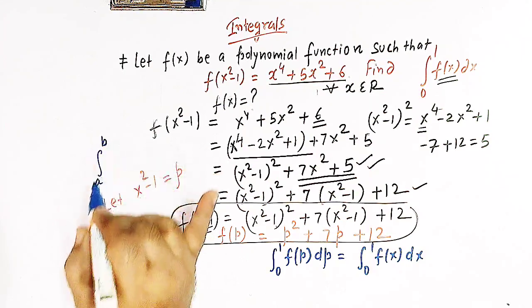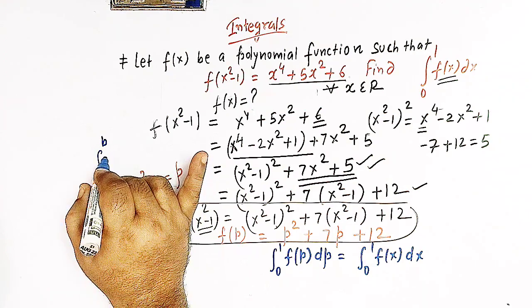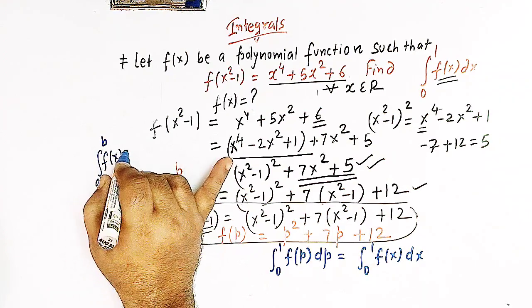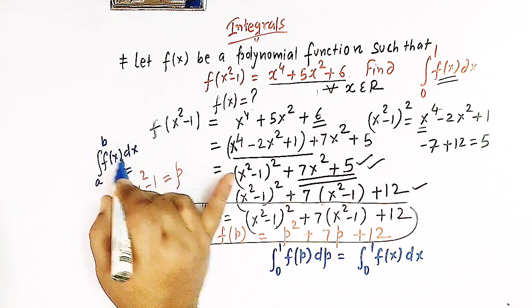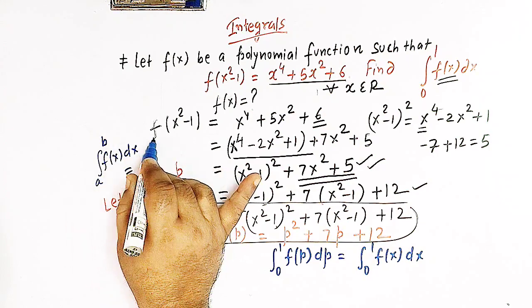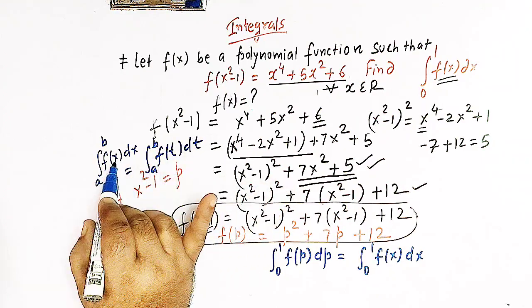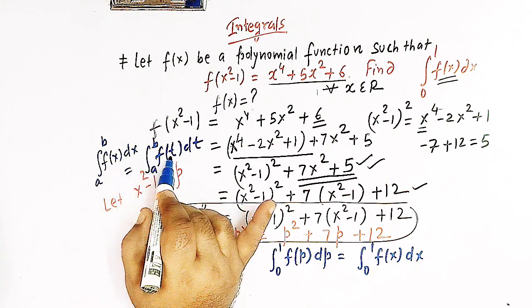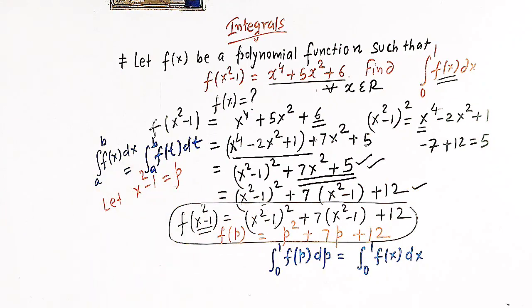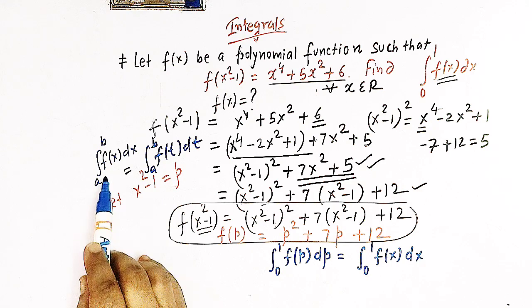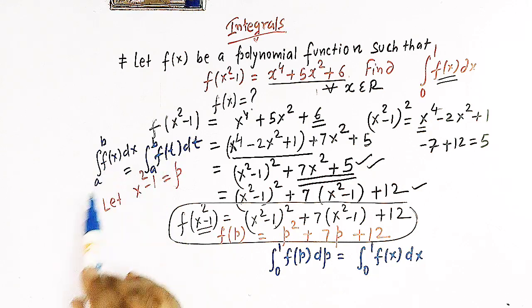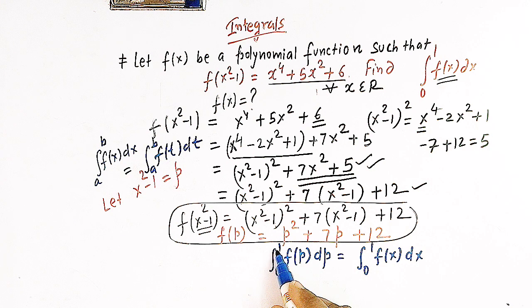If we have the limits from a to b, and here we have say f of x dx, then this integral is equal to a to b f of t dt, right? So we can change the variable, or this variable is known as the dummy variable, right? So this property is very useful while evaluating the definite integrals, right? So 0 to 1 f of p dp can now be written as 0 to 1 f of x dx.